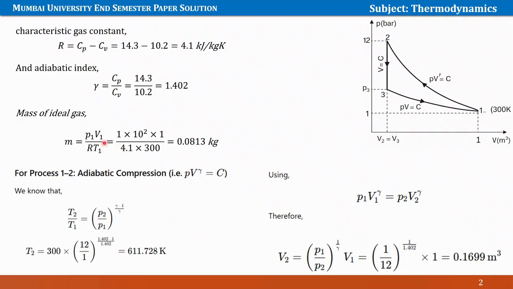Now let us go step by step for each and every process and find out all the things that are required. For the process 1 to 2, this is the adiabatic compression process which follows the law PV raised to gamma equal to constant. From this we can find out the relation between the temperature and pressure, because ultimately we need temperature also.